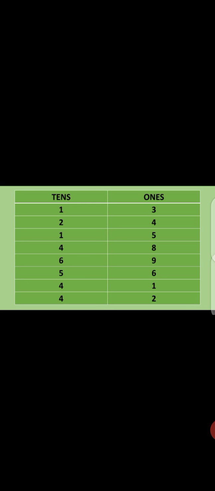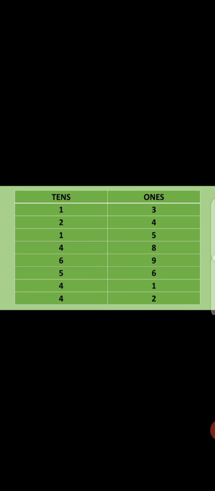So the place of 9 is ones and the place of 6 is tens. Now next, 56. In 56 there are 6 ones and 5 tens. So the place of 6 is ones and the place of 5 is tens.